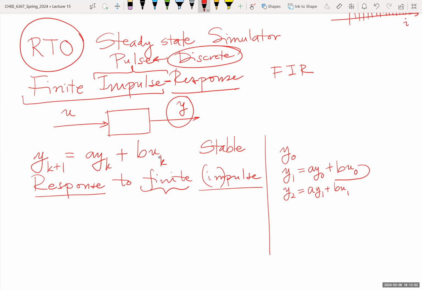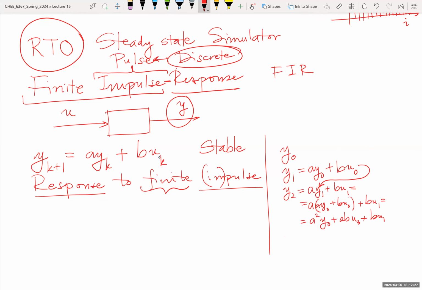And now I'm going to plug in y1 from above. So it's going to be equal to a y0 plus b u0 plus b u1, which is going to be a squared y0 plus ab u0 plus b u1.